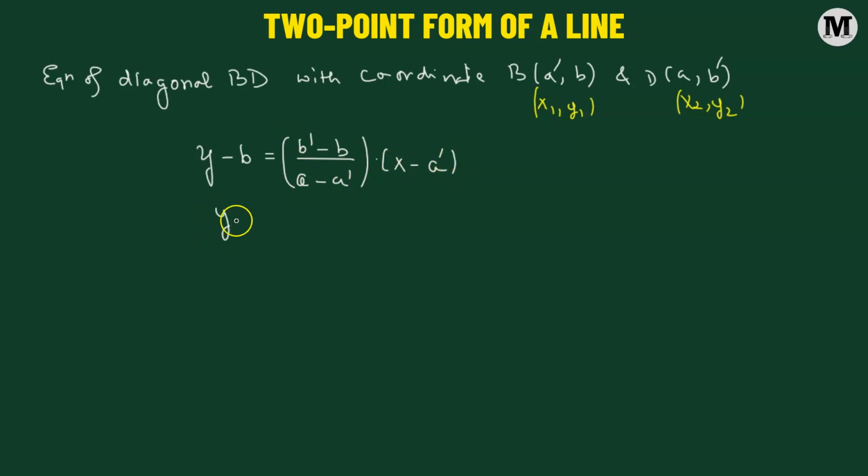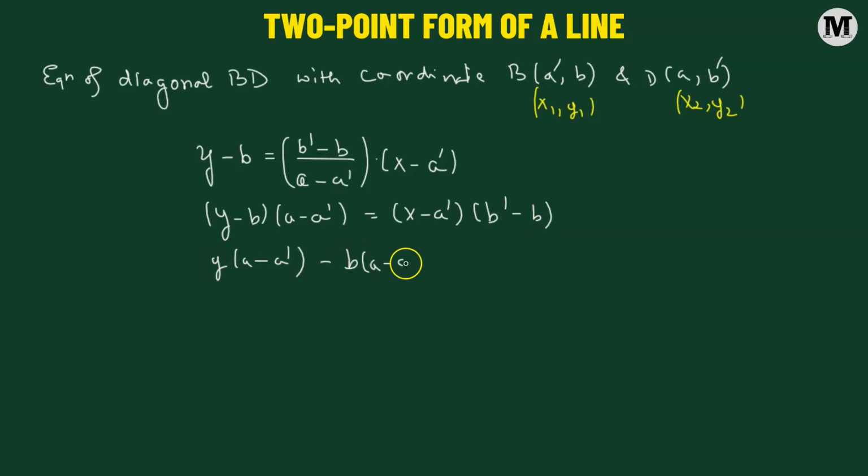So that gives us y minus b multiplied to a minus a prime equals x minus a prime times b prime minus b, which gives us y times a minus a prime minus b times a minus a prime equals x times b prime minus b minus a prime times b prime minus b.